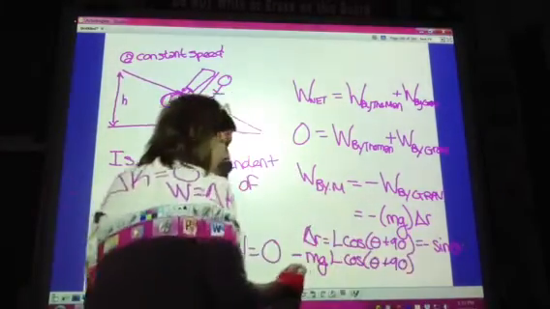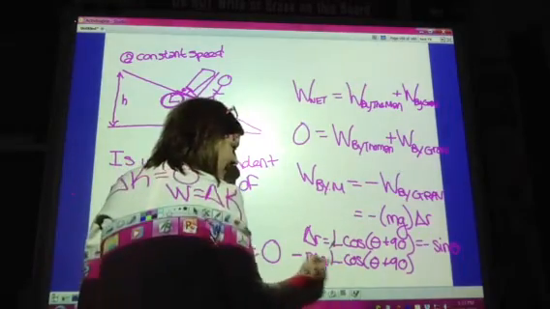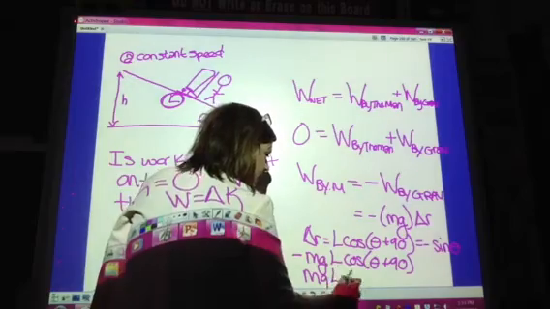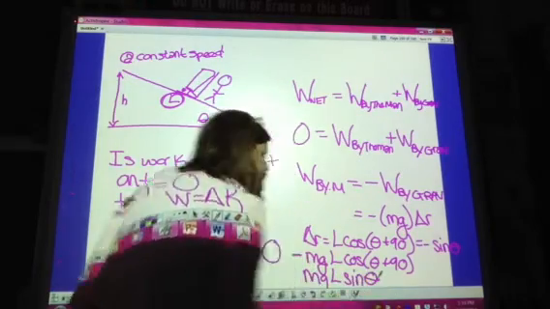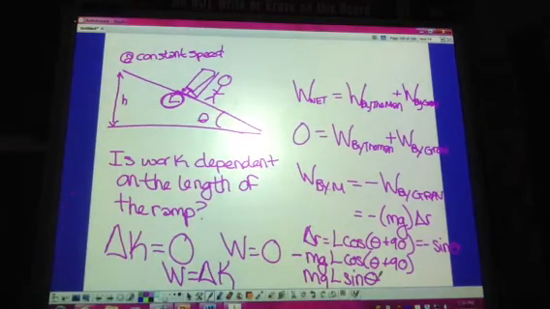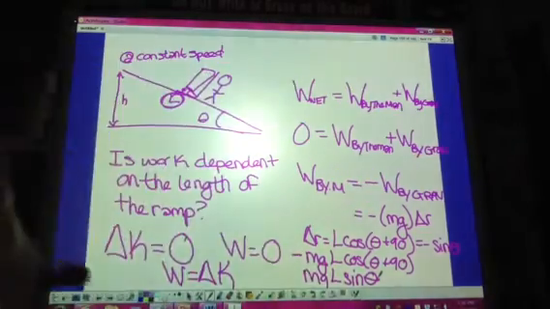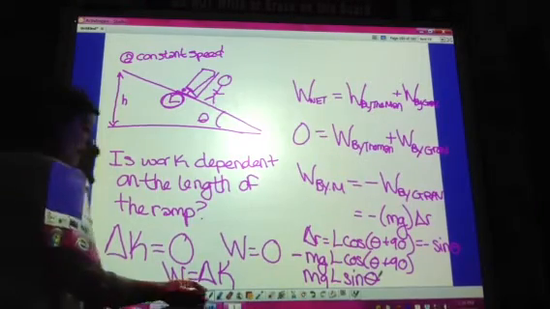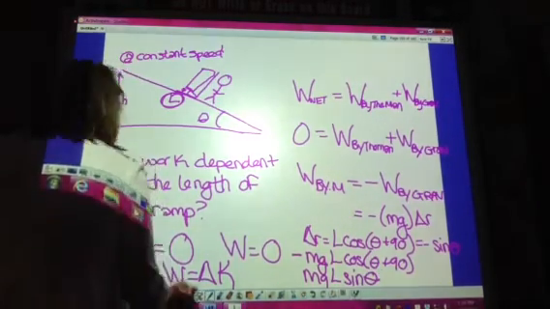Then instead of a negative L cosine of theta plus 90, I could say mg L sine theta. Is there another thing, though, that we can write for L sine theta?